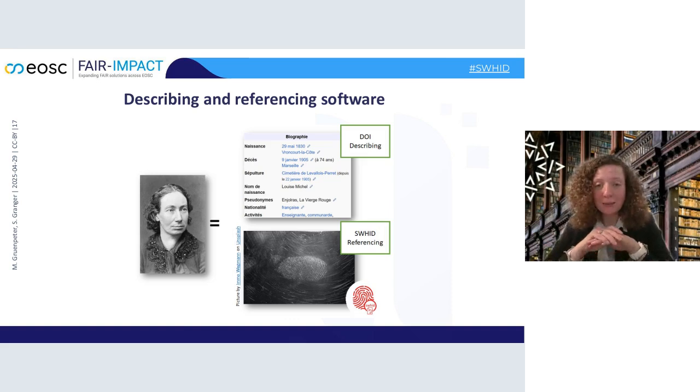Now, we can say that describing and referencing software are two different things, right? Because describing the software is more about the metadata and identifying the metadata record. And this is something that you can do with a registry, a DOI, or another extrinsic identifier.